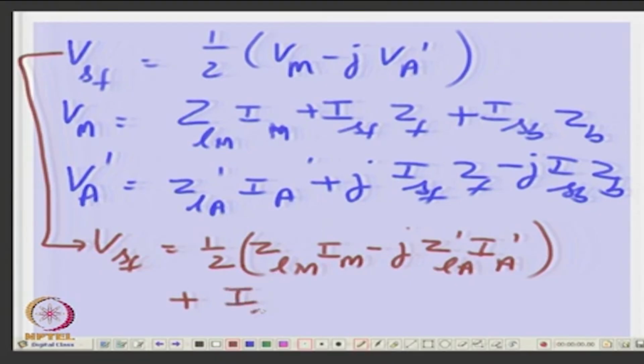That will be just I_sf Z_f, isn't it? What will be the other term? What will be the sum of these terms?